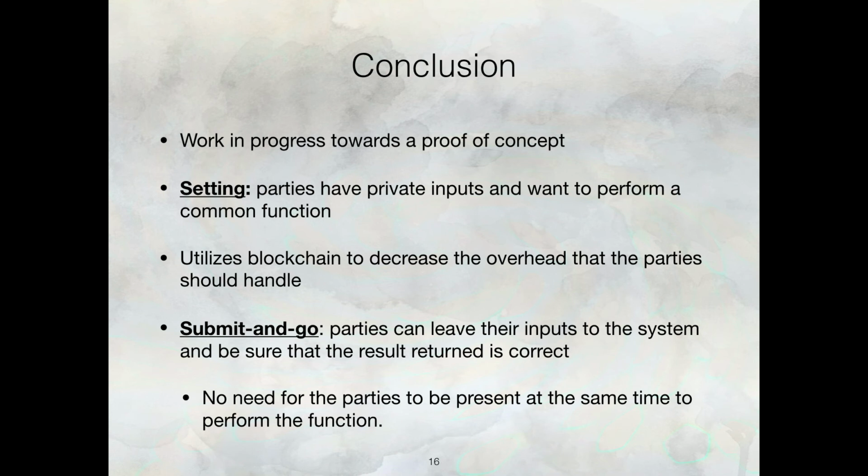And the submit and go property just enables them to leave their inputs to the system, and the steps that I explained can just happen in their absence. Which means that they don't have to be present at the same time, or be online at the same time, to obtain the outputs of their joint functions.